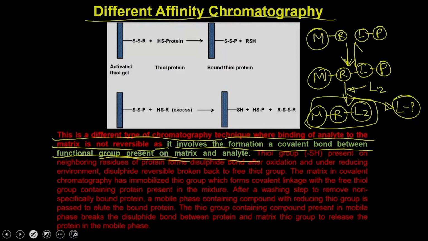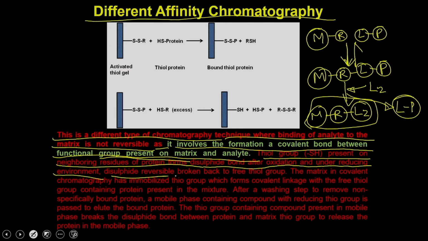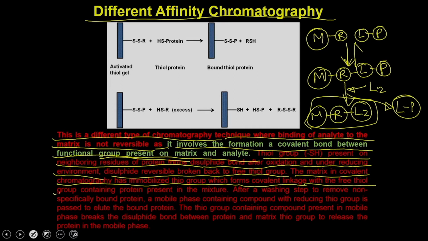So, the thiol groups present on neighboring residues of a protein form a disulfide bond after oxidation, and under a reducing environment the disulfide is reversibly broken back to the free thiol group. The matrix in covalent chromatography has immobilized thiol groups which form a covalent linkage with the free thiol group containing protein present in the mixture.